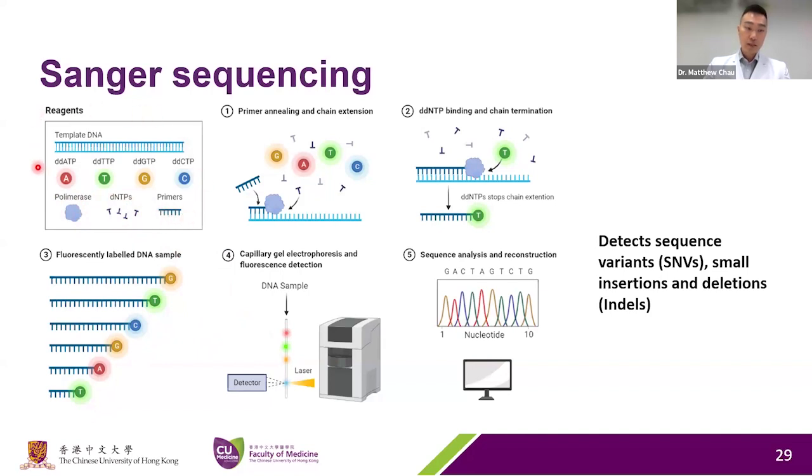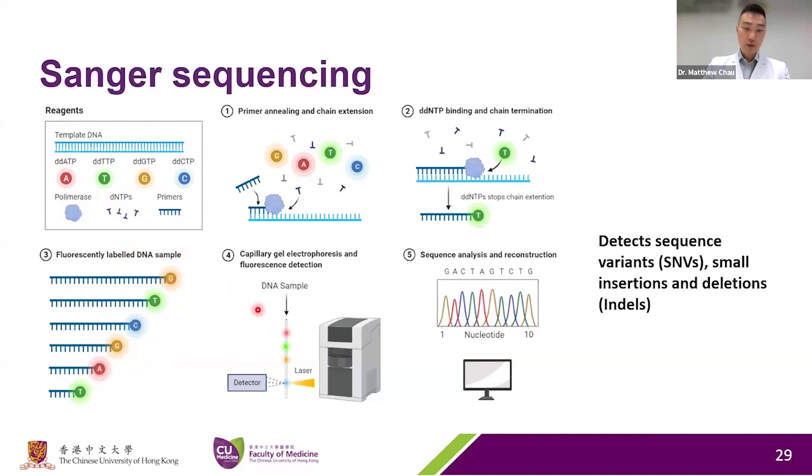So with this set of reagents, you can then amplify the target DNA into a ladder of different terminating PCR products. And these are all going to differ in size by one nucleotide, right?